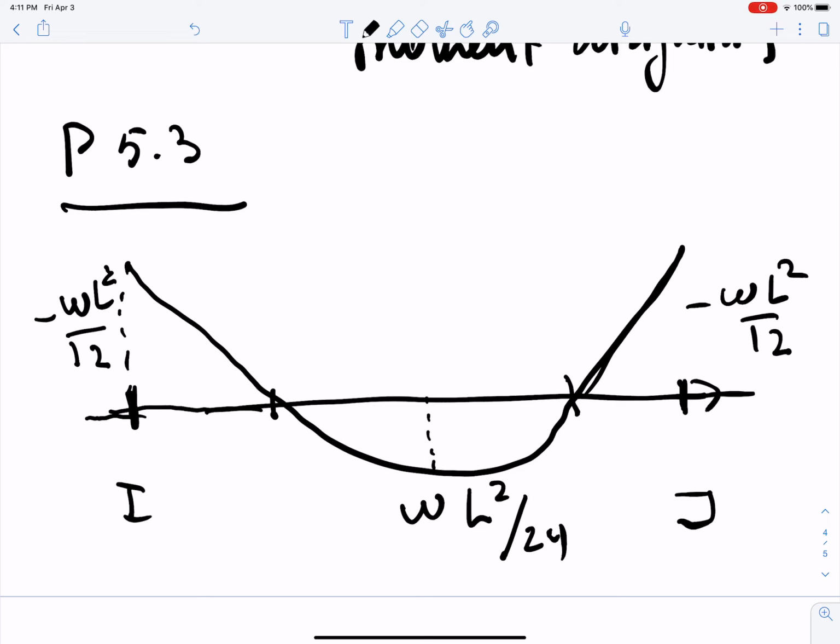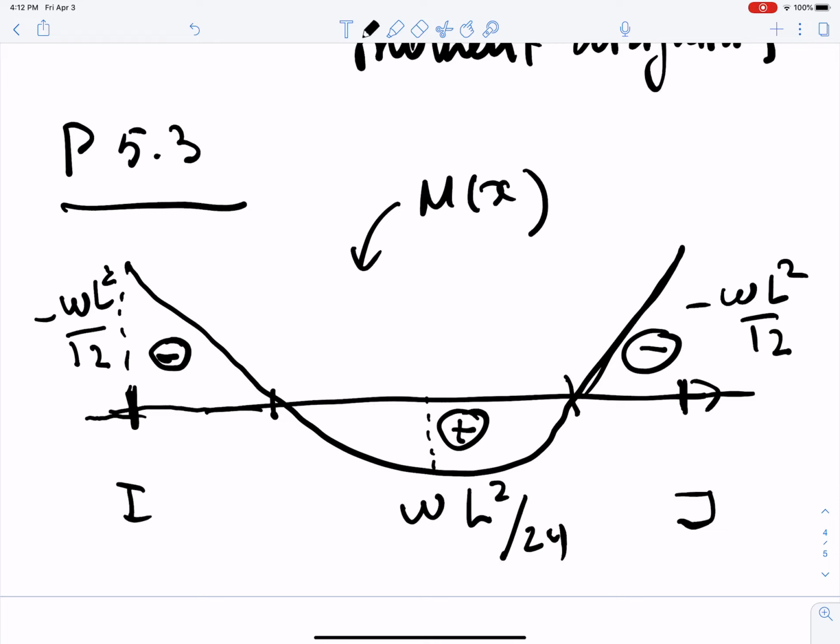The bending moment here is negative, meaning creating negative curvature, so your bar seems to be concave. Then you have a region of positive curvature when the bar is convex, and then it becomes concave again. So this is a distribution of the bending moment.